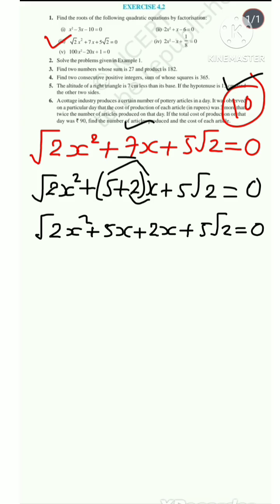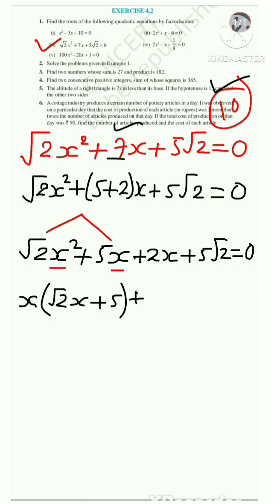Now from this pair we can take x as a common, so x is common and remains root over 2x plus 5, and plus, here we should know the factor of 2 can be root over 2 into root over 2, because after multiplying these two we finally obtain 2.